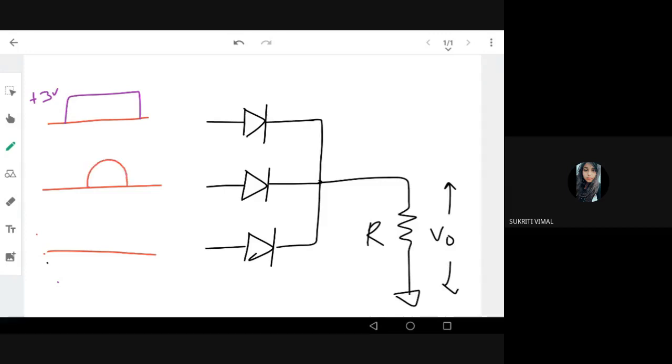And third signal is like this. I'm just giving some voltage here. This signal is plus 5 volt. This signal is plus 7 volt.